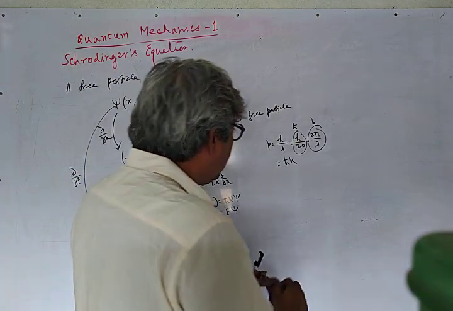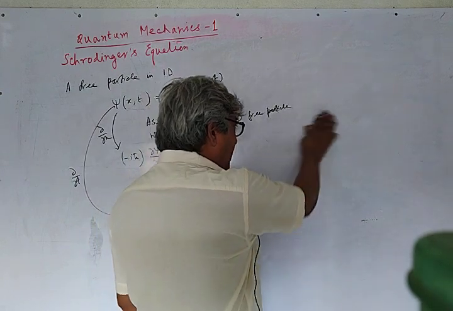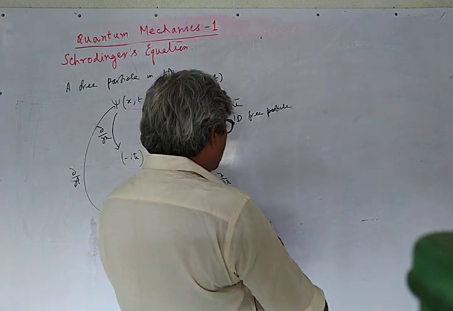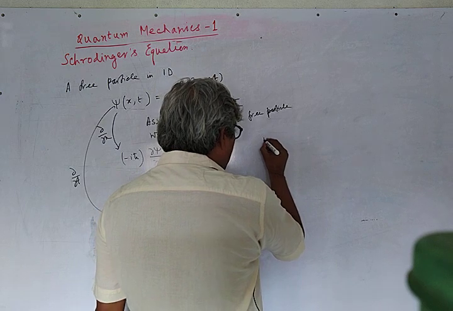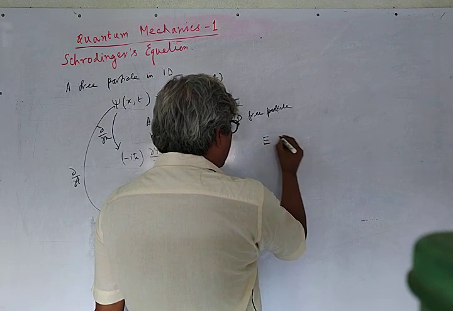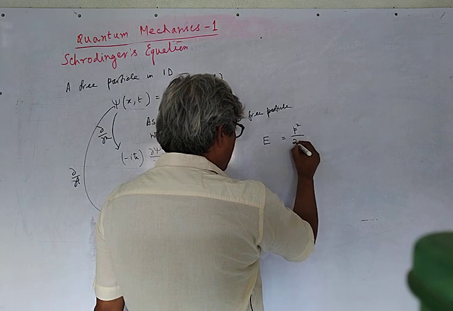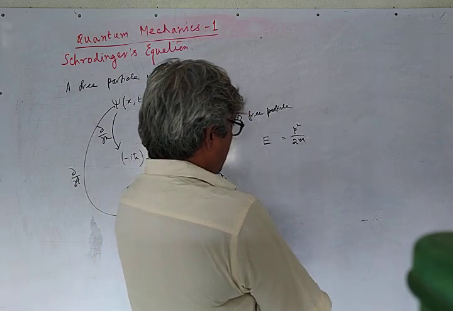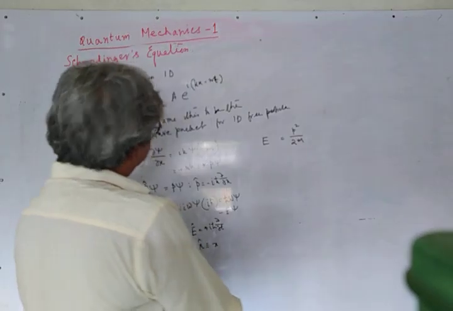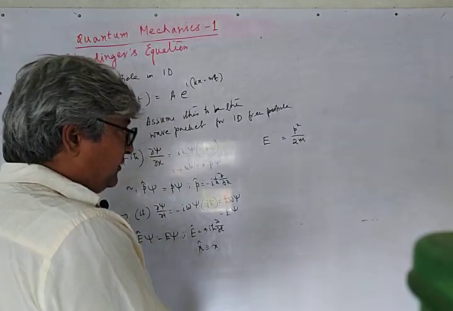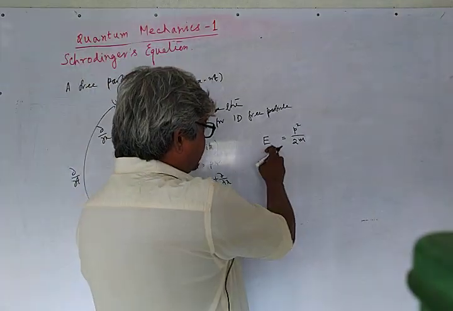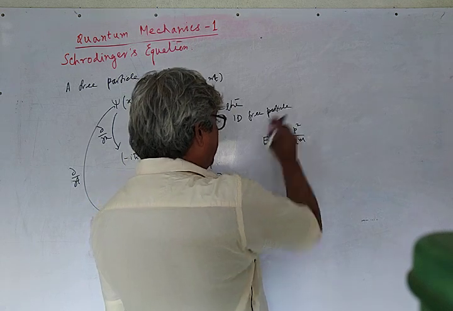We know the only expression for a free particle in 1D is the relation of its energy with the momentum. Now, for a non-relativistic particle, m is a constant, so the dynamical variables are E and p.